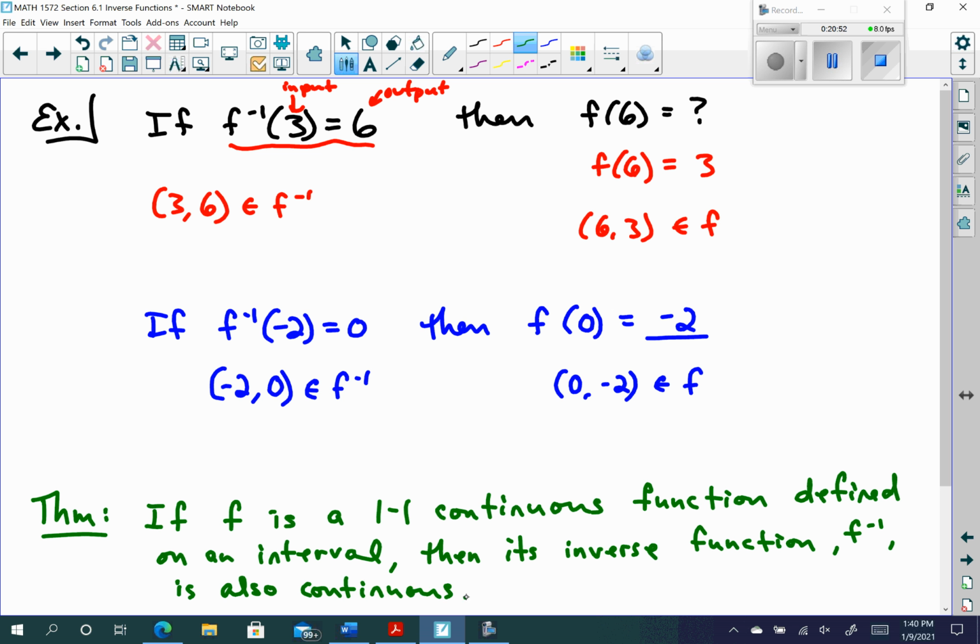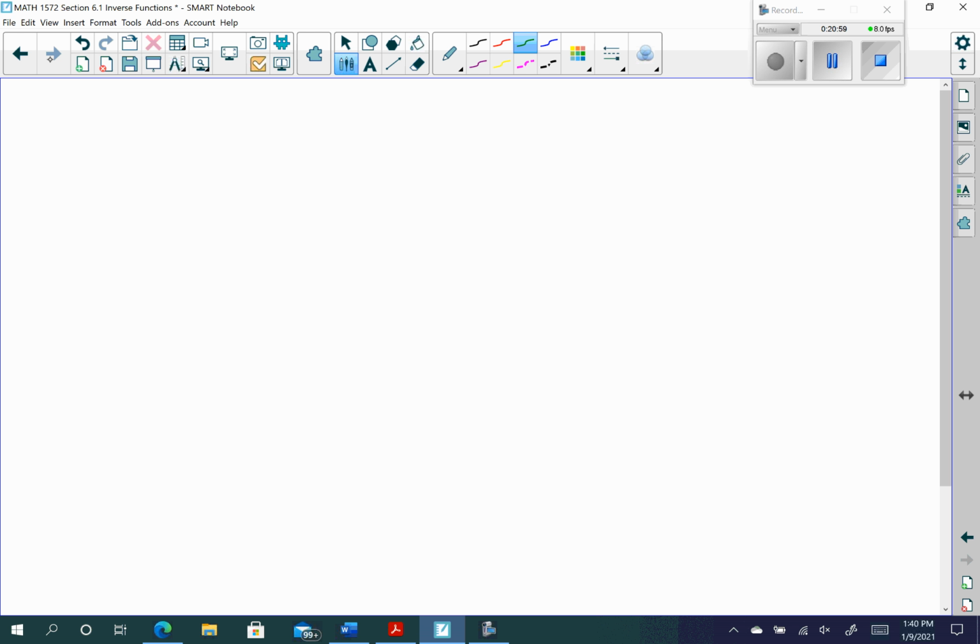All right, our next theorem, we are now going to take a look at how to find the derivative of an inverse function. So we'll call this inverse differentiable. I'll just abbreviate that here.